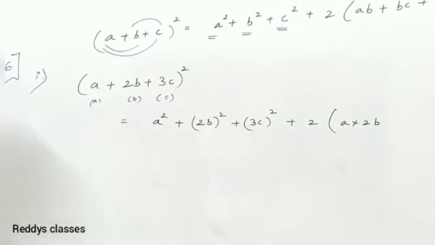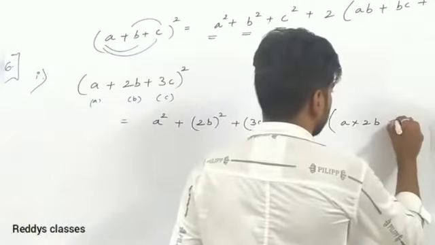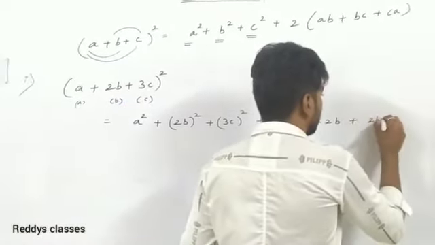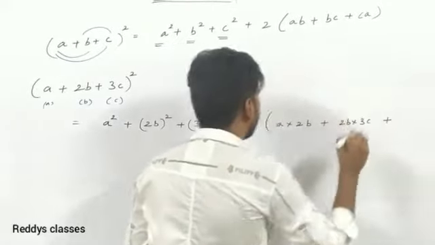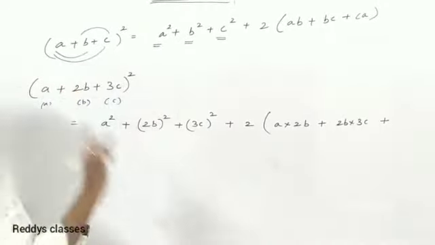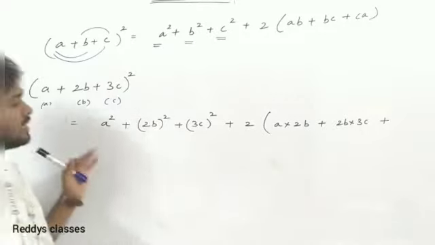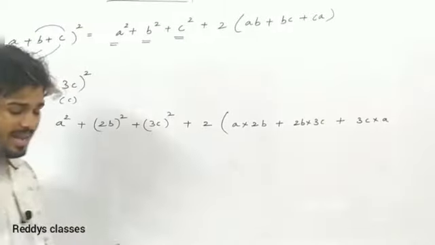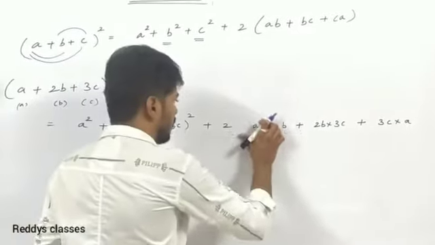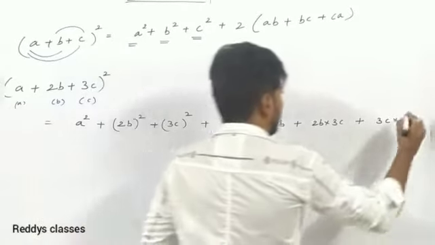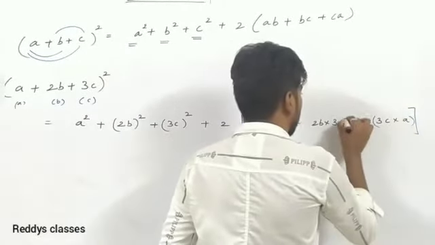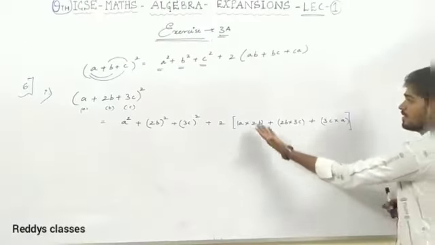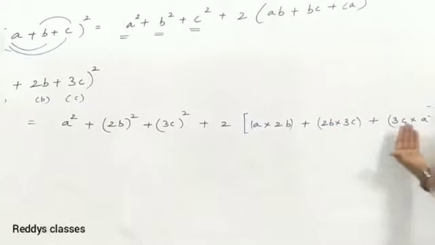We have ab plus bc, 2b into 3c, plus a into 3c, means you have ca means 3c and a. I can write this in a more informative manner, let me make some brackets here. I can put this in these brackets and that's it. We have 2 into ab plus bc plus ca.